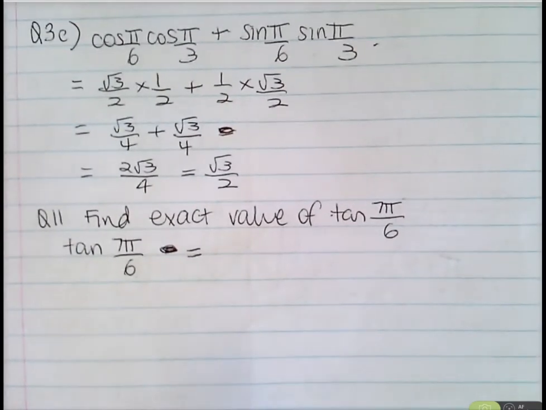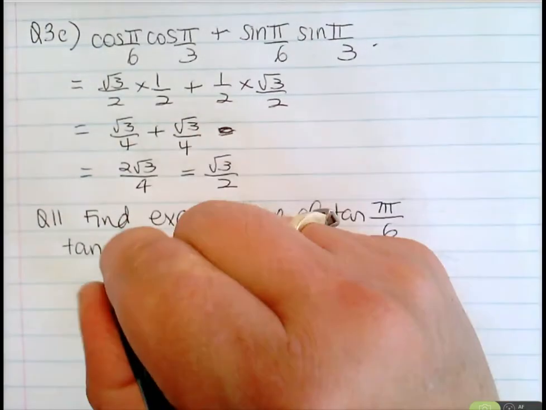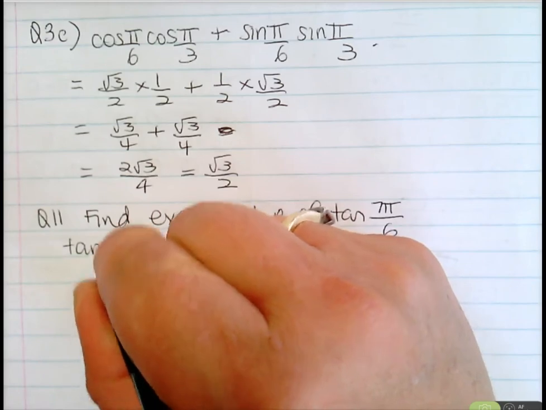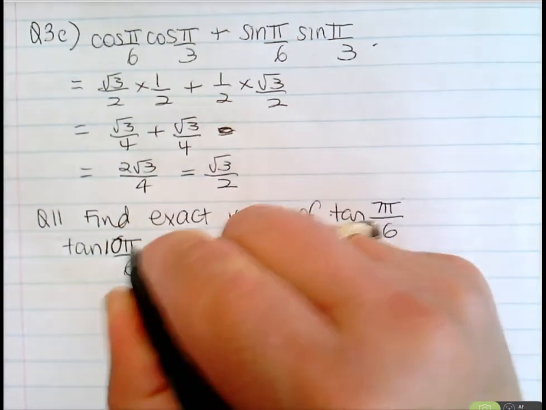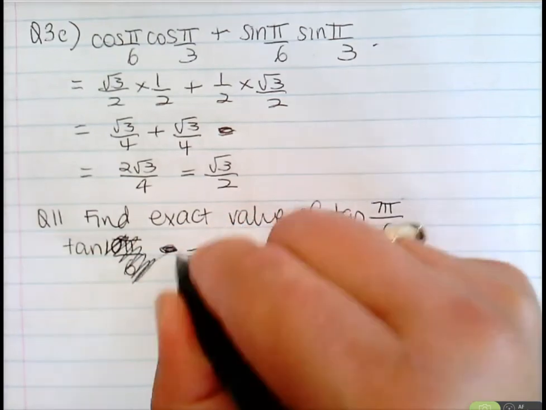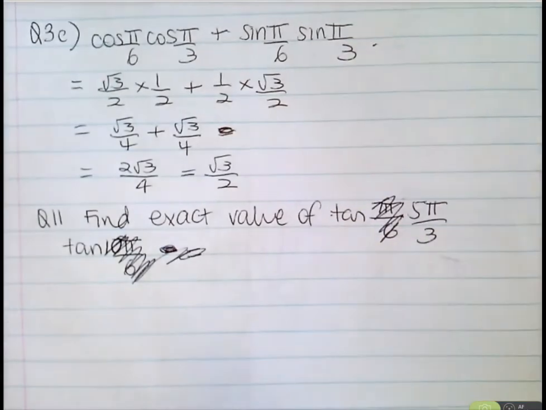Next, find the exact value of tan 7 pi on 6. Actually, I might change that one. I'm changing it to tan 10 pi on, so can I just change it to 5 pi on 3? Tan 5 pi on 3.